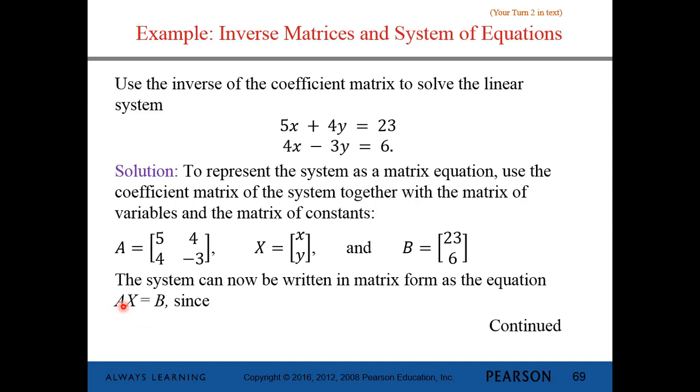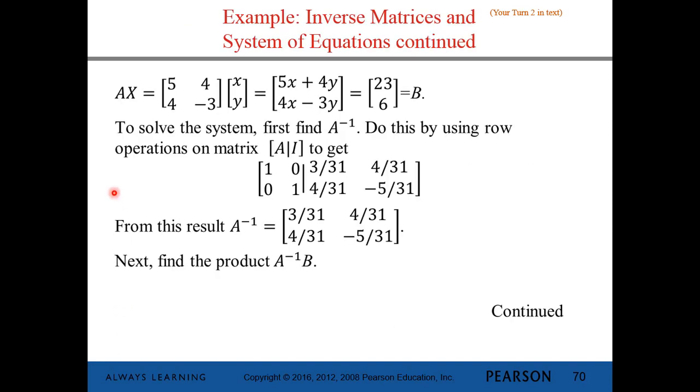Now the first step is to find the inverse matrix. We know that AX equals this, which equals this, which is equal to B. To solve this, we set up our augmented matrix and find A inverse by doing the same process, the elementary row operations, until we get the identity matrix on the left, and whatever's on the right is the inverse matrix.